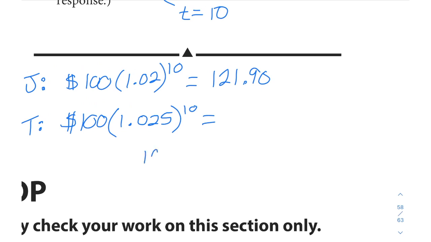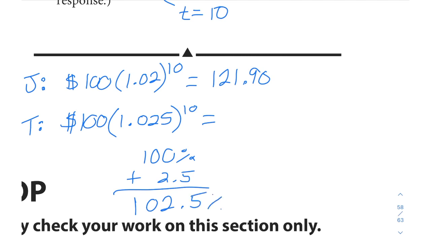And just to write out why that is, remember, for any percent change, to figure out his new amount, you're adding that 2.5% to 100, which gives us 102.5%. And as a decimal, when you go to plug it in, it looks like 1.025 to the 10th power. So he's earning a little bit more interest here.